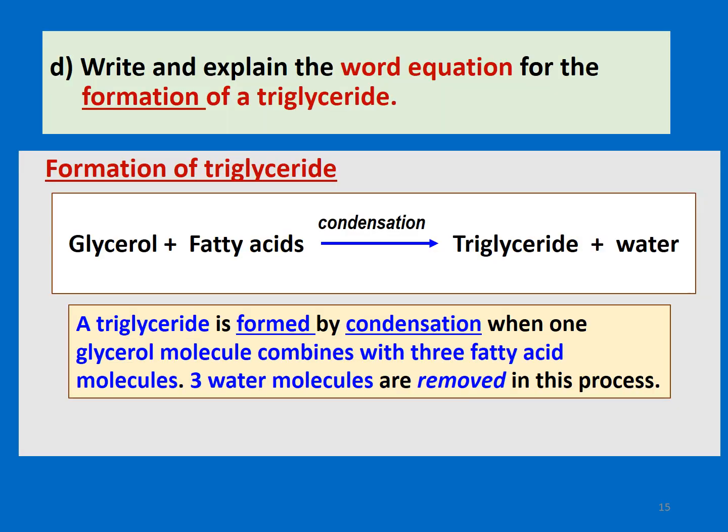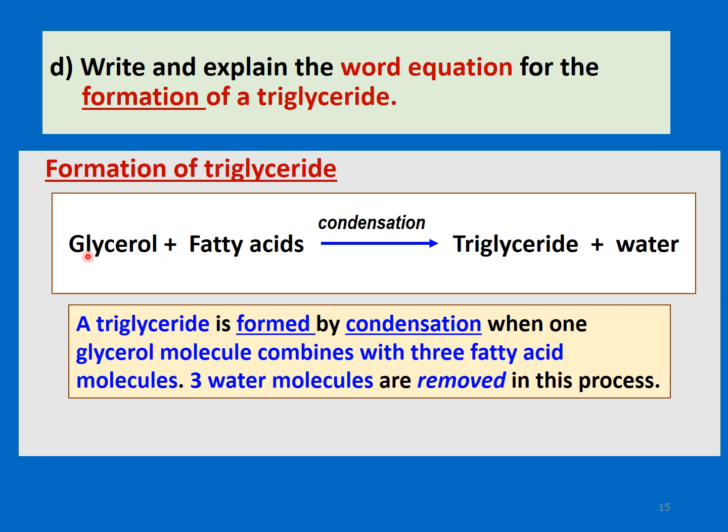Okay, the next learning outcome: write and explain the word equation for the formation of a triglyceride. So write down and then explain the word equation. What is a word equation? A word equation only contains words, not the chemical formulas of the compounds. Thankfully, you just need to write it in words.